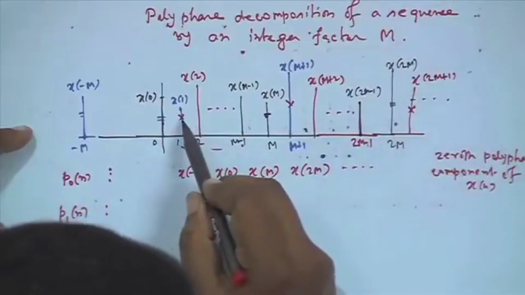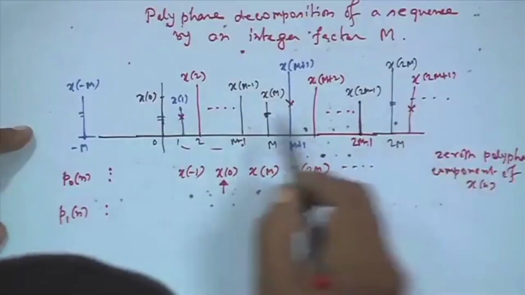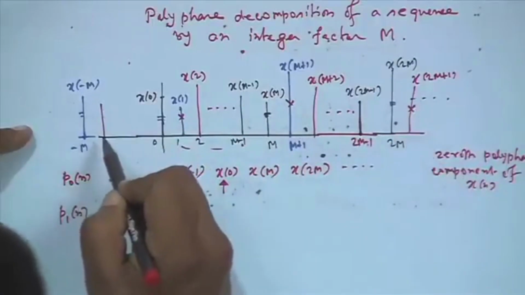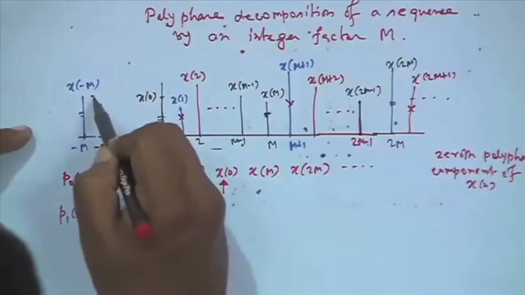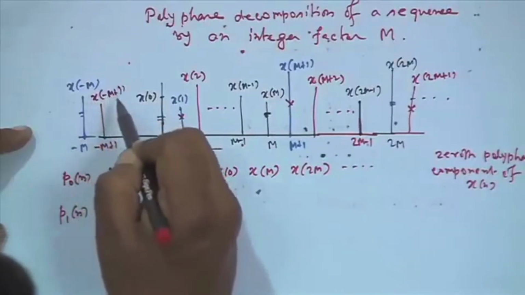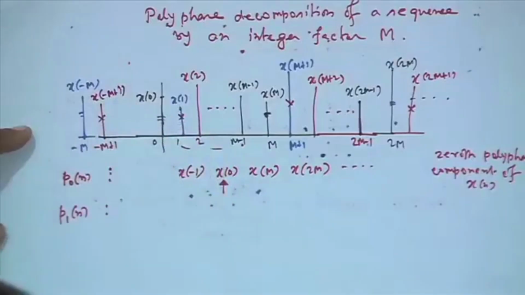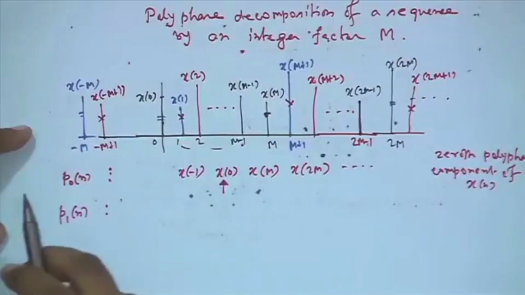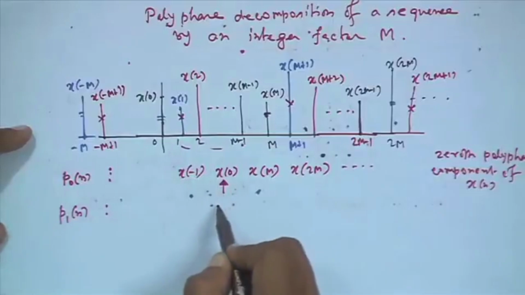So, you see x 1, m plus 1, 2m plus 1, at minus m plus 1, these samples, and form a sequence again.